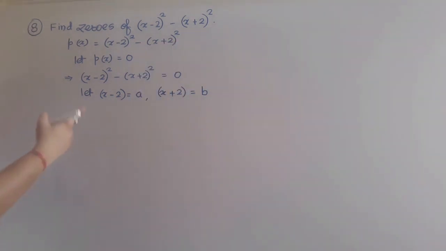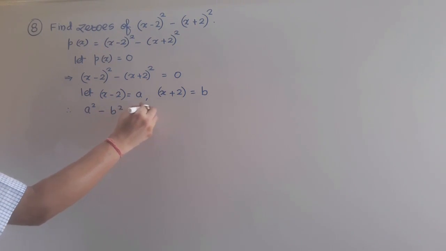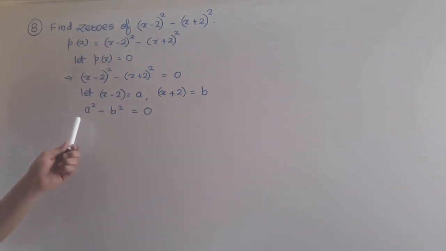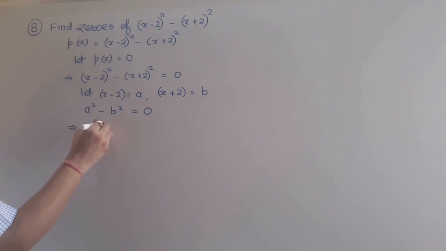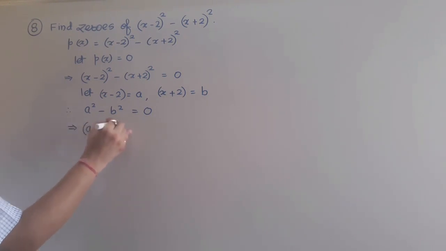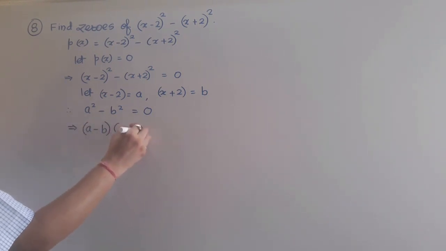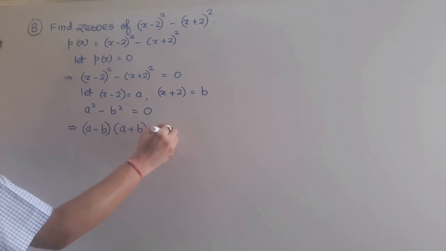Okay, so if I replace in the equation, that will become a square minus b square equal to 0. And you know it very well, what is the formula of a square minus b square? The formula of a square minus b square is a minus b in one bracket, and in another bracket it would be a plus b is equal to 0.